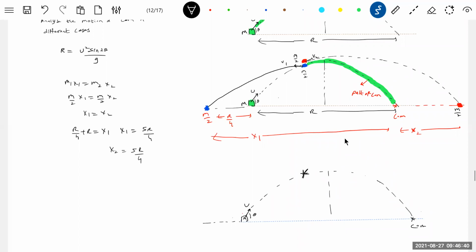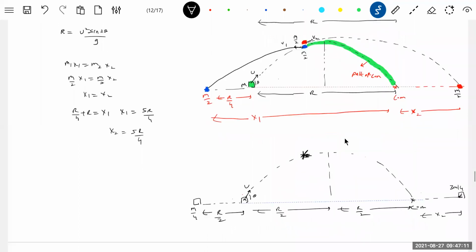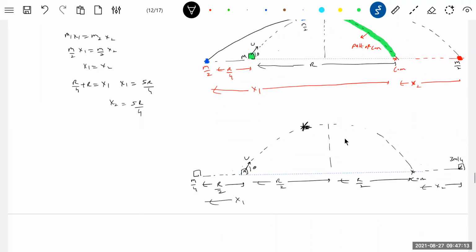I'll just show it in this way. Explosion will occur. Then due to that, m by 4 will come and land here. At what distance? Say R by 2. What about the other fragment? Where do we expect it? If m by 4 is here, the heavier fragment, 3m by 4, should be there, no? So can we predict this distance? Now this distance should be x1.